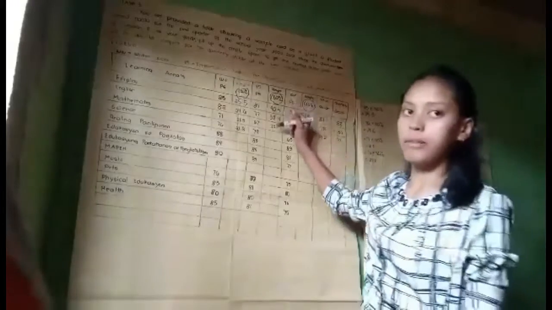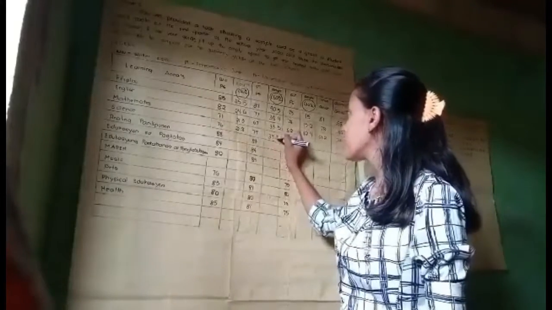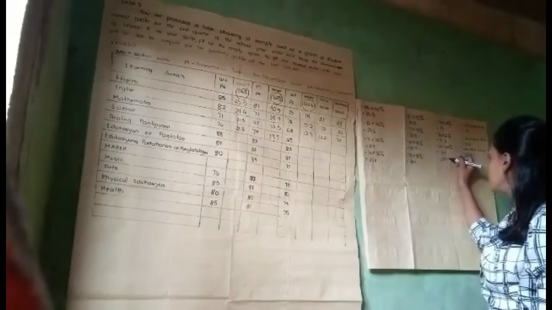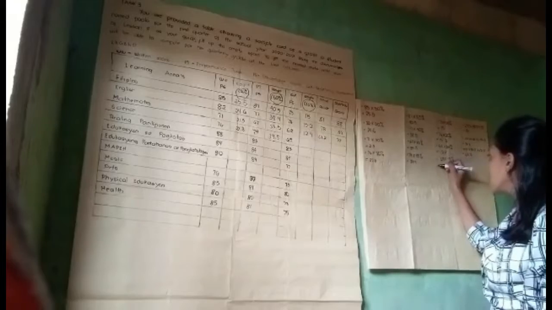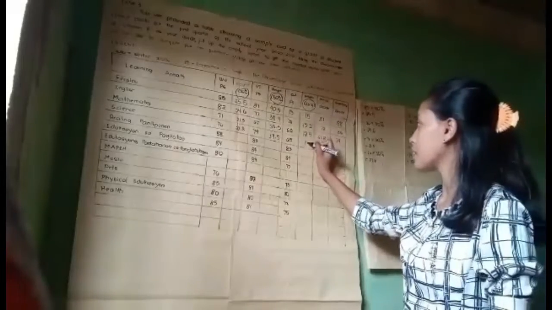So our weight in performance task in science is 39.5. Next is 65 times 20%, which is equal to 13. So our weight of quarterly assessment in science is 13.